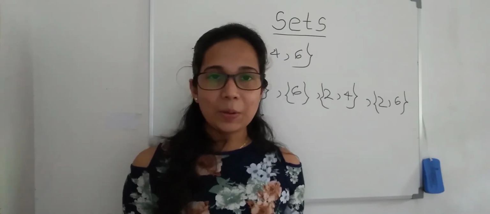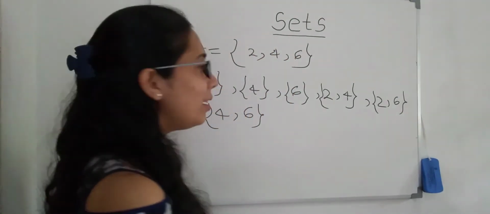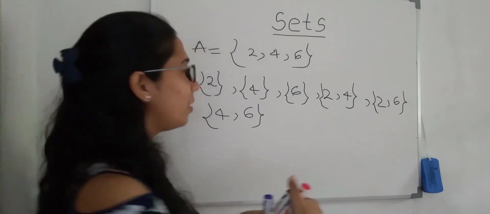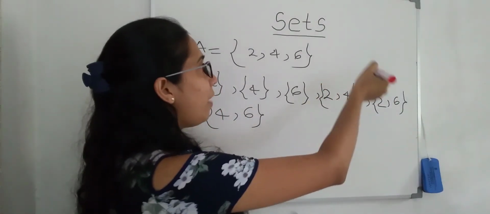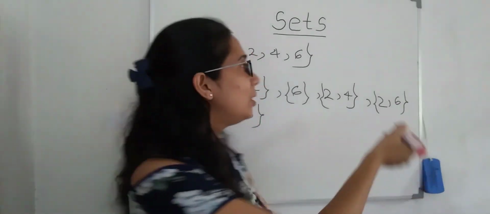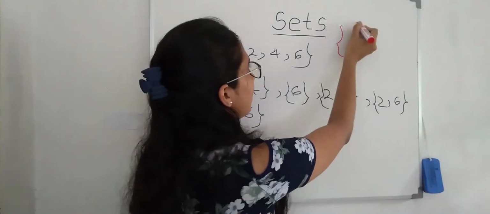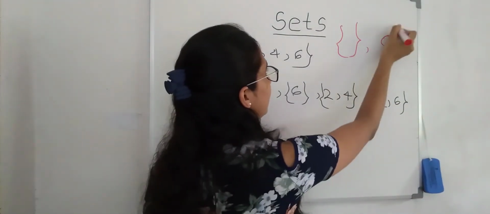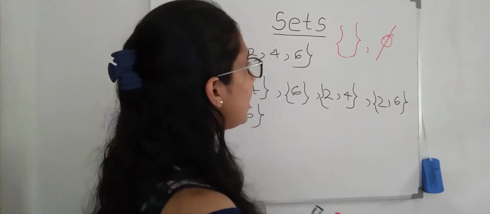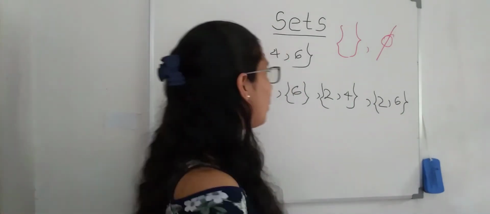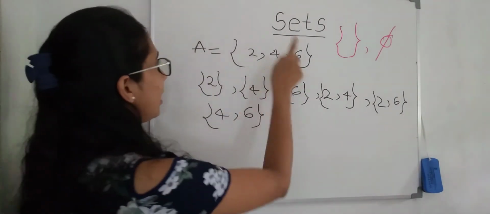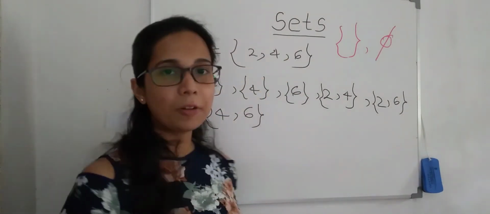So how to denote a null set? We use these two signs to denote the null set. These are the signs used for null sets. So the null set and the set itself are also subsets of the given set.